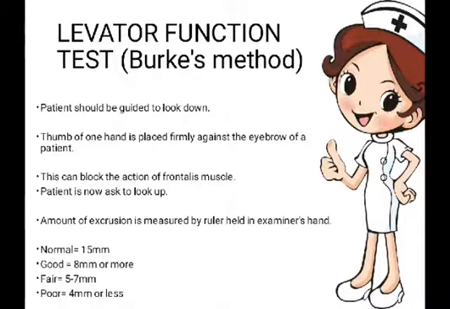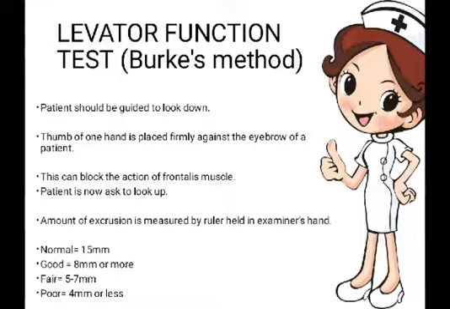The thumb of the examiner is placed against the eyebrow to block the action of the frontalis muscle. The frontalis muscle is present at our forehead, so by doing this we block its action.